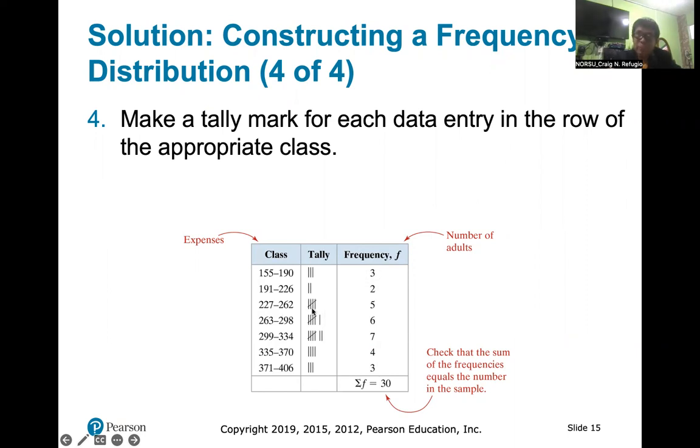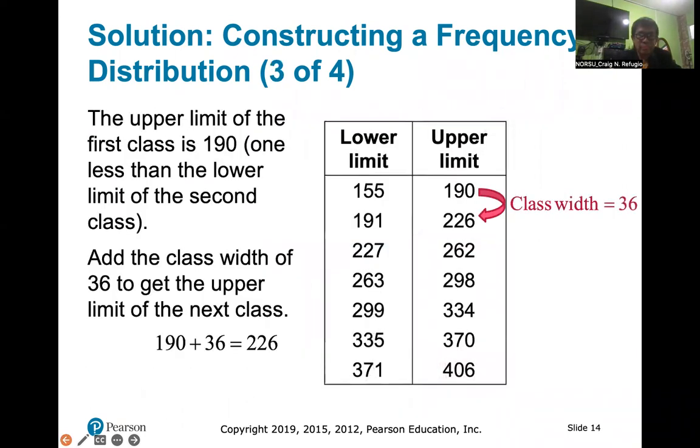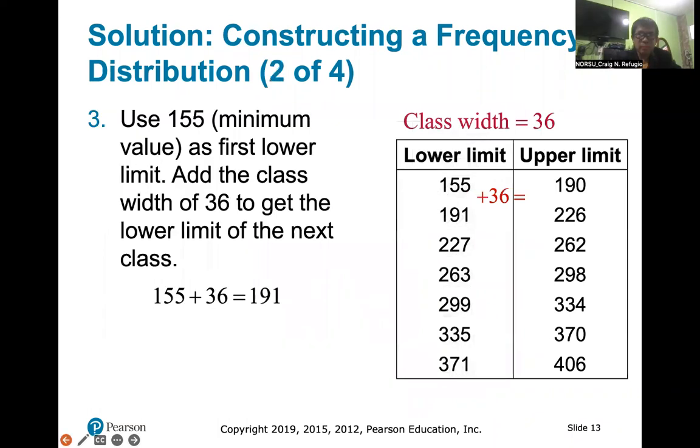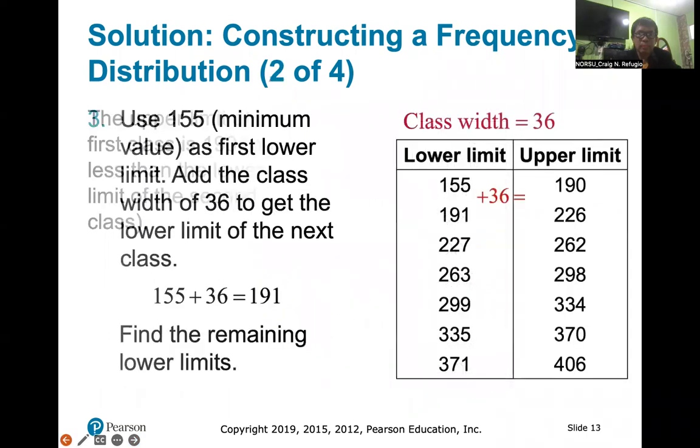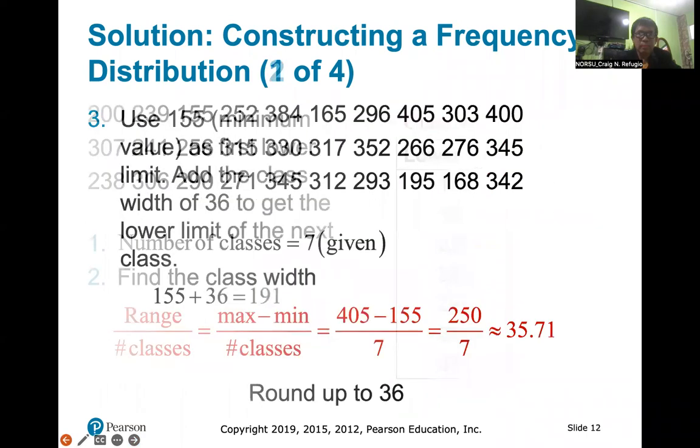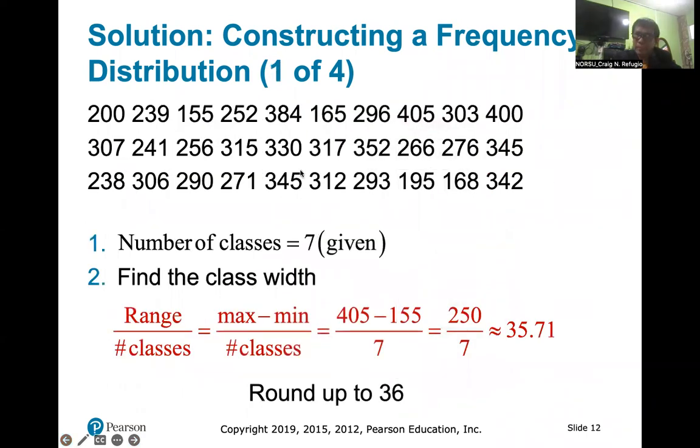You are going to repeat the process until all of these data are tallied to the classes that we have constructed.